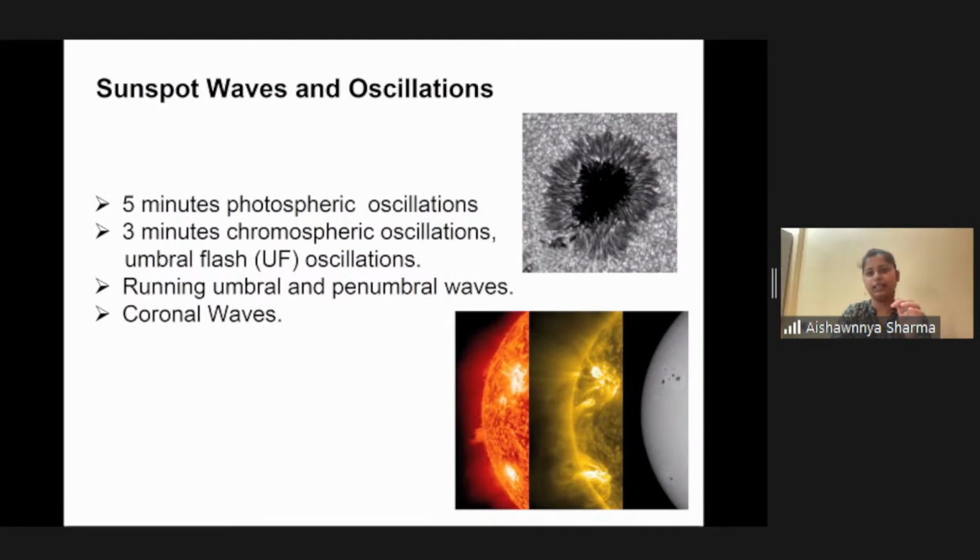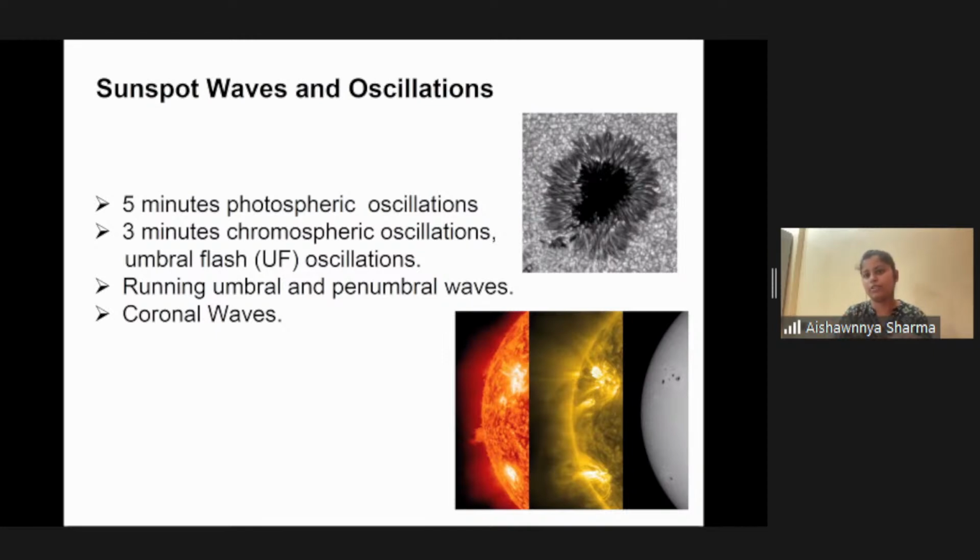Here in the top panel, you can see a structure. The center of the structure is very dark, surrounded by a less dark region. This is called a sunspot. Actually, these are structures where the magnetic field strength is very high, ranging from 2000 to 3000 Gauss. These are regions of very strong magnetic field, and these field lines inhibit the convection.